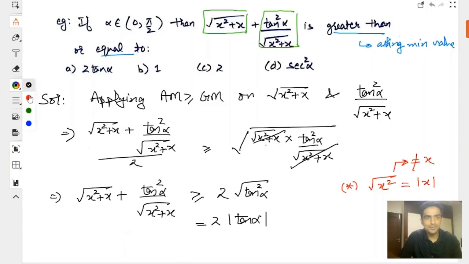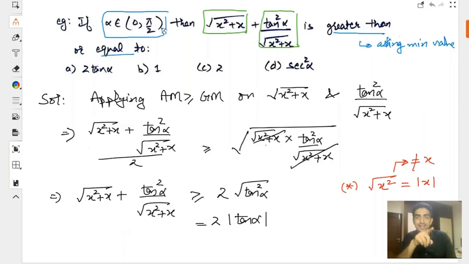And now guys, try to see this is playing role. Every information has some role to play. This is telling you that alpha lies in first quadrant. So this tan alpha is a positive quantity. And if it's a positive quantity, mod will open as such.